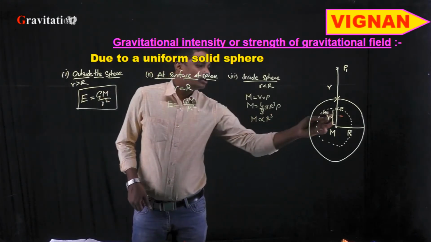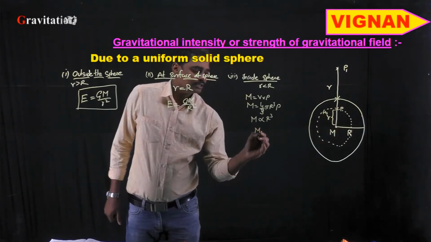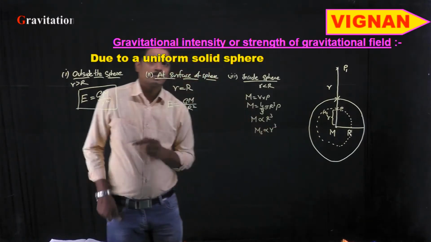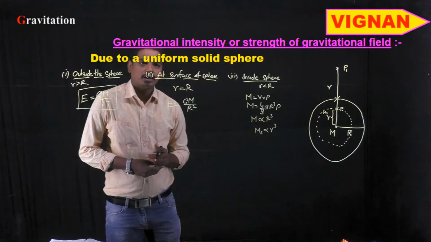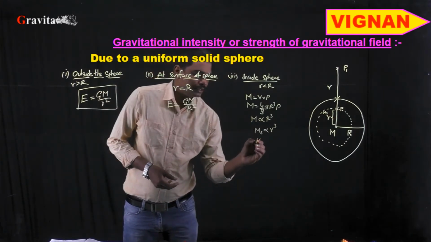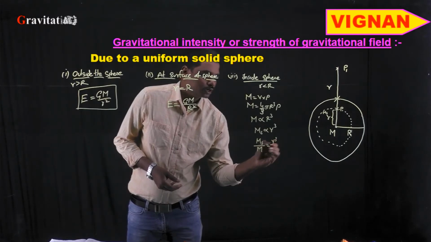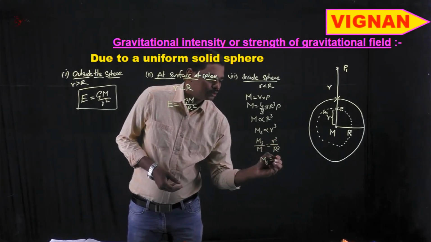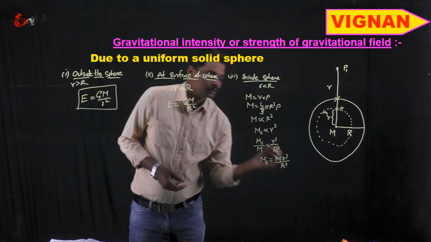So for the smaller sphere, ms is directly proportional to small r cube. As this smaller sphere is of radius only small r, therefore ms by M is equal to r cube by capital R cube, and ms is equal to capital M into r cube by capital R cube.